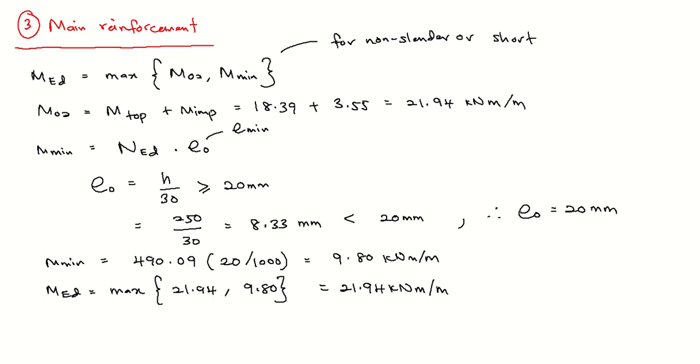Okay, so once we have figured out what is MED, we want to use the design chart, right? And in order to choose which design chart to be used, we need D2 over H. Now this depends, like I said one more time, on which books you refer to for your design chart.